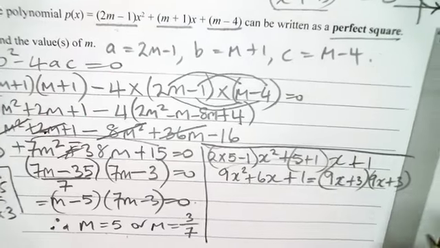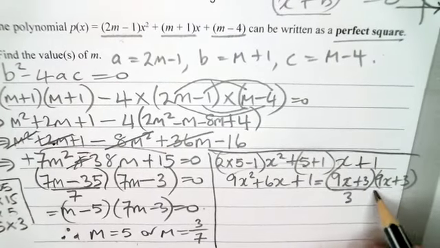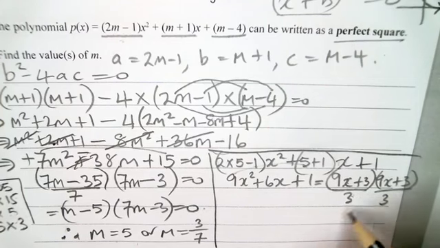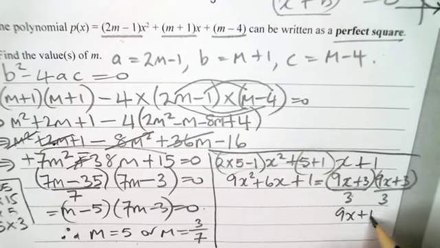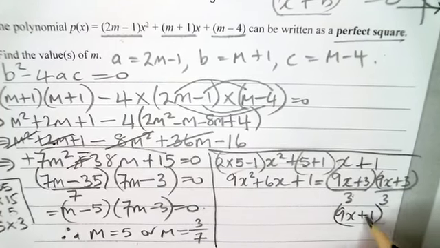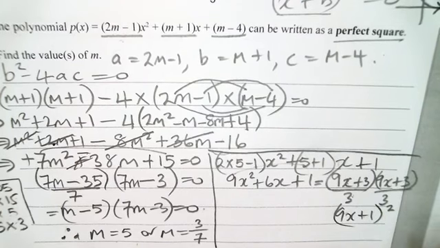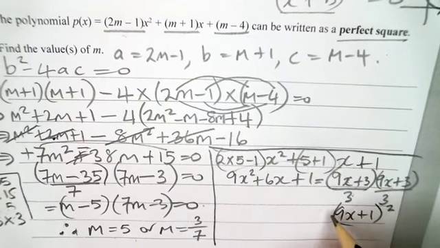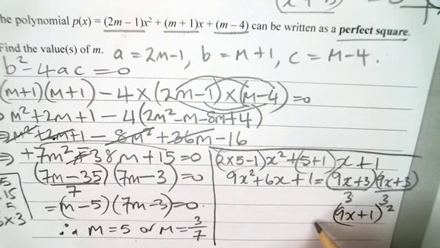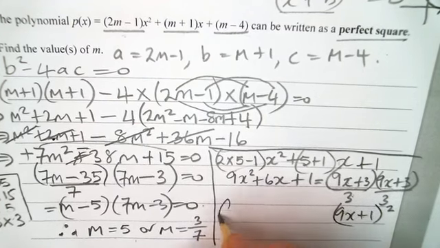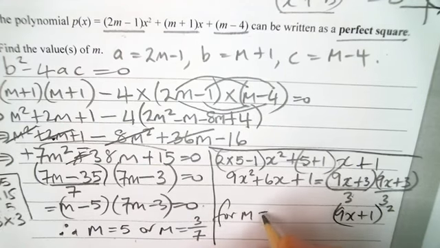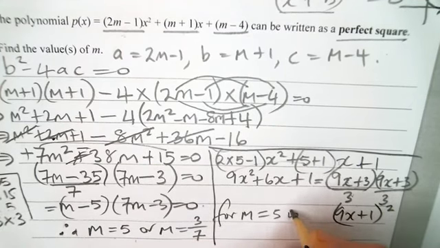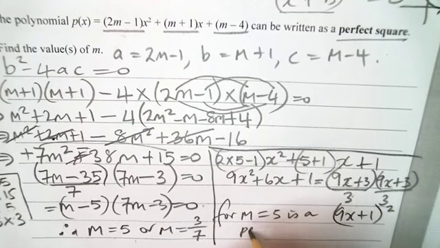There it is. Divide both by 3. 3 goes into 9x, 3x times plus 1. So it's going to be 3x plus 1 all squared. So that is a perfect square. Therefore, m equals 5 is a perfect square.